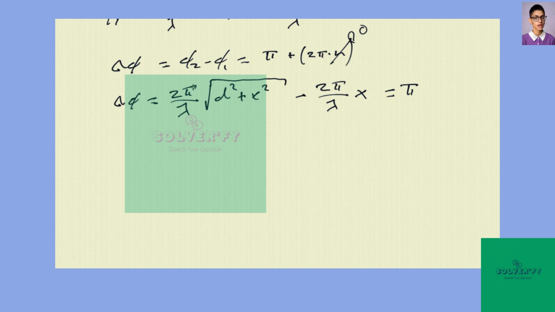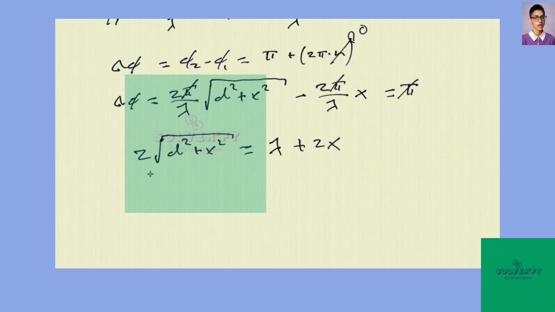First, the pi's cancel, and this is just going to be 1. I'm going to multiply everything by lambda, and move this term over to the other side so that I just have the square root on the left side. So I'm left with 2 times the square root of d squared plus x squared equals, this pi turned into a 1, multiplied by lambda, so it's just lambda, plus this term, multiplied by lambda, so it's just plus 2x.